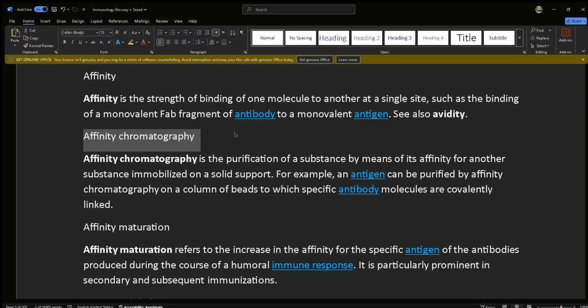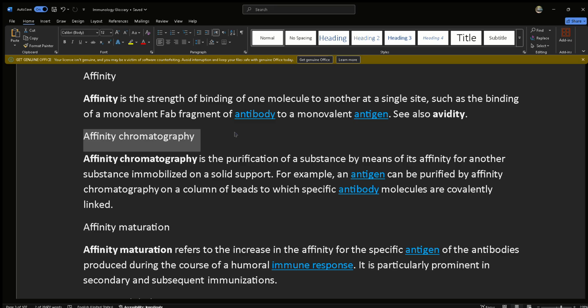Then if we have a mixture of antibodies and we pass that mixture through the column, the antibodies specific for that antigen will bind there, and the rest will be eluted. So we can use it for purification.